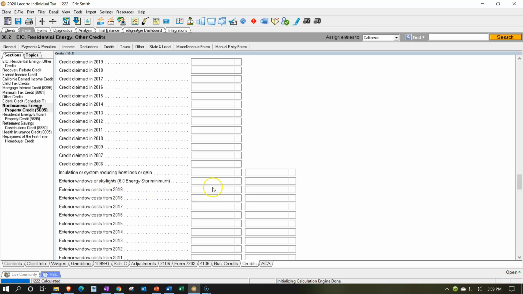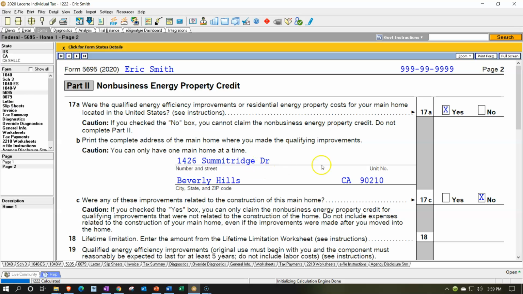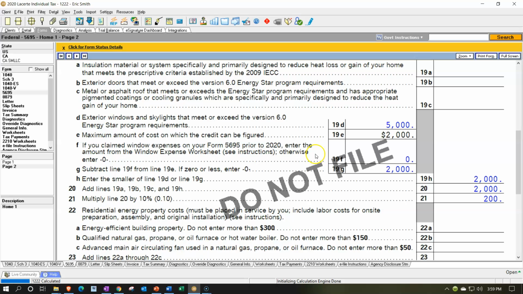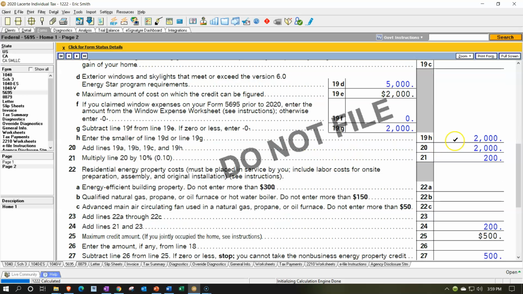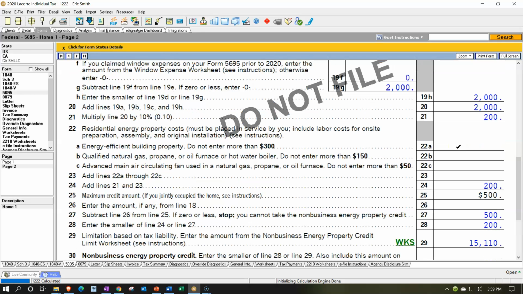And then we got the windows or the skylight. Let's put the 5,000 there and bring it on over. If I go back to the 5695, then that's capped at the cost of the 2,000, and then they're basically taking 10% of that 2,000, and that's bringing us down to $200.